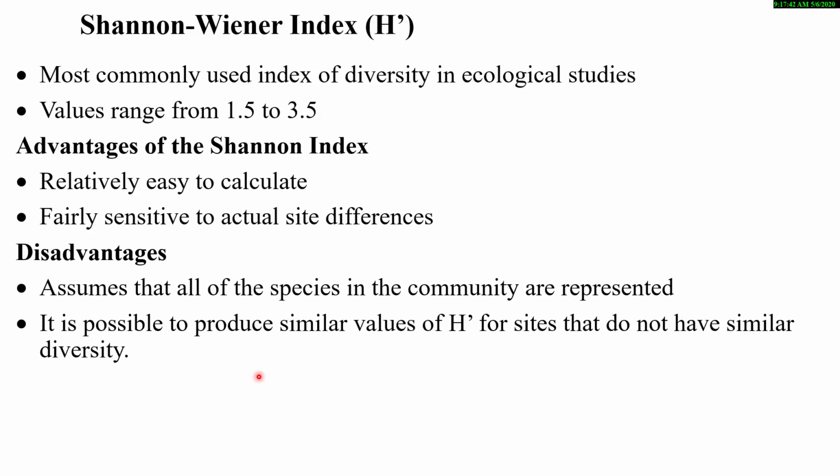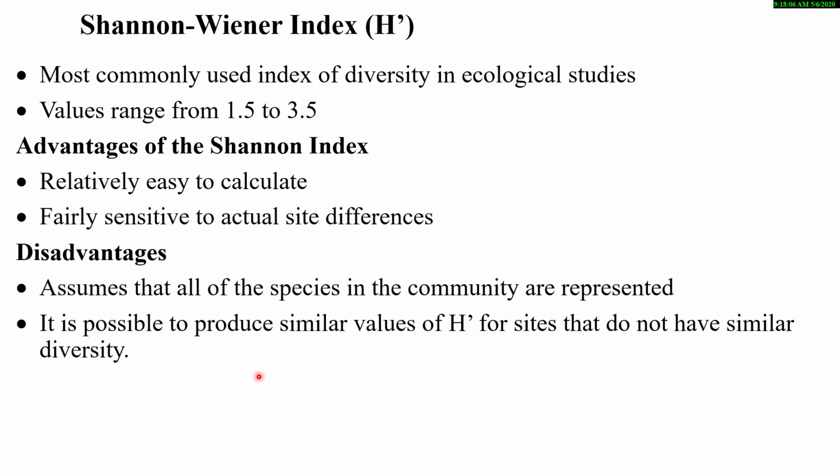What is the Shannon-Wiener Index? The Shannon-Wiener Diversity Index is the most commonly used index of diversity in ecological studies. The values range from 0 to 5, but usually it ranges from 1.5 to 3.5.